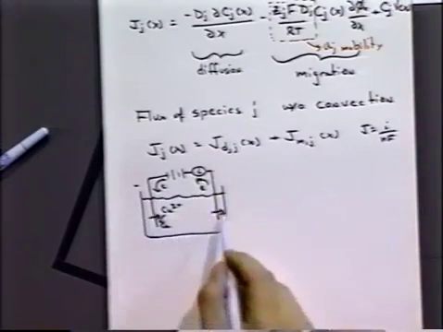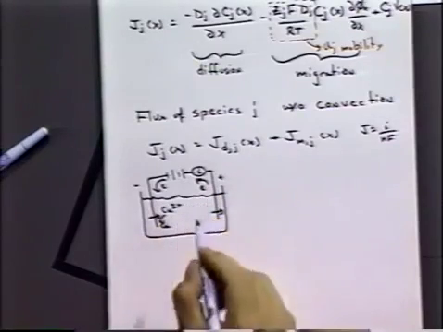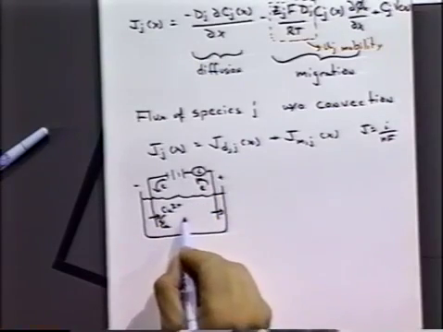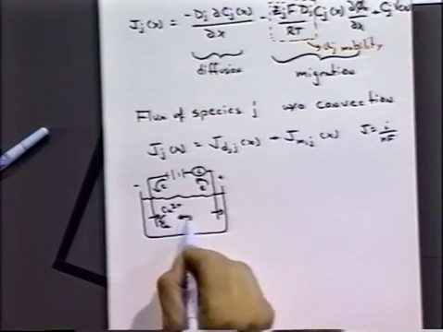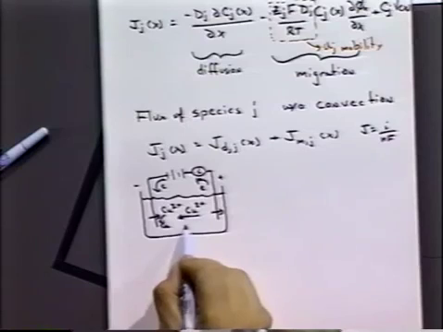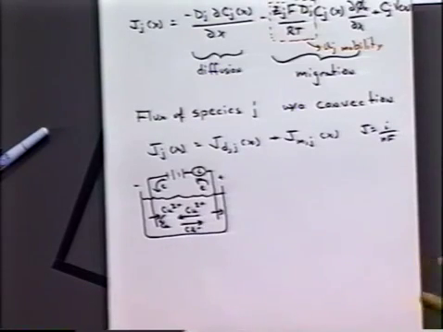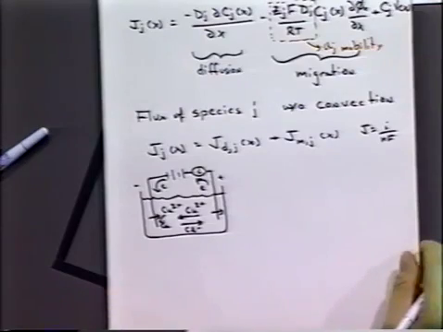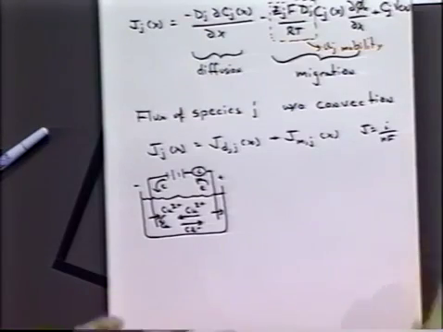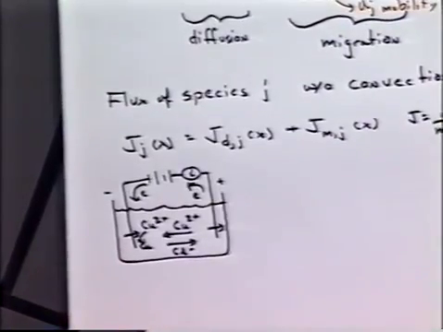The rest of the current that flows in our cell, in order to make a loop, requires the movement of ions. For example, if we have copper in solution, we're going to have copper 2+ ions, and we have chloride ions, or whatever ions are associated with the copper. We've got to have copper chloride or copper nitrate or something like that in solution.